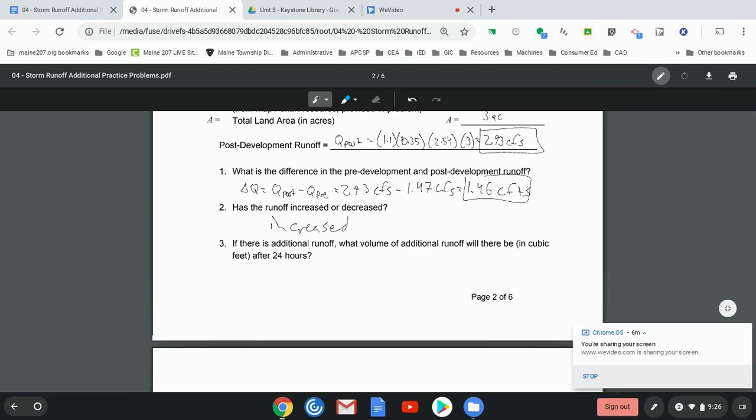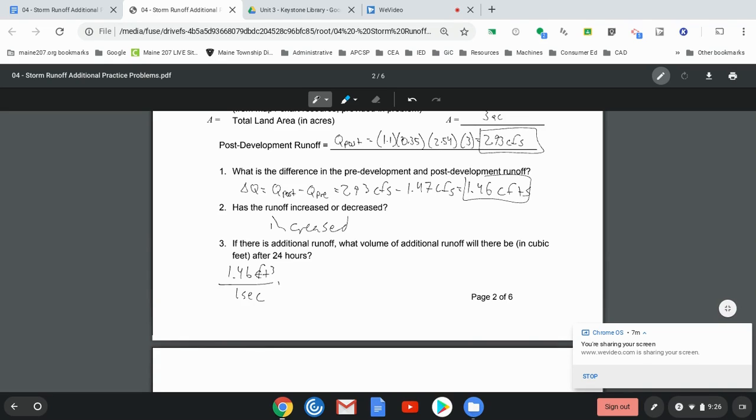If there is additional runoff, what volume of additional runoff will there be after 24 hours? What you need to do is, it's 1.46 cubic feet for every 1 second, so we need to convert this to 24 hours, 1 day.